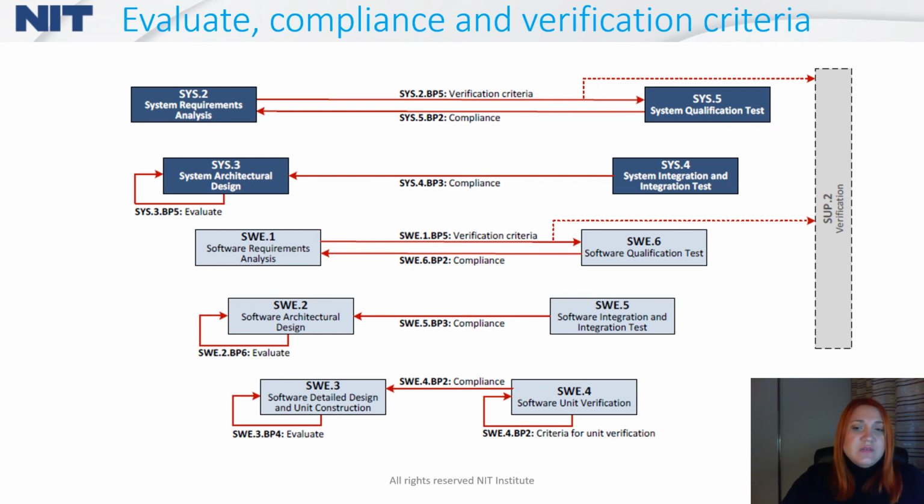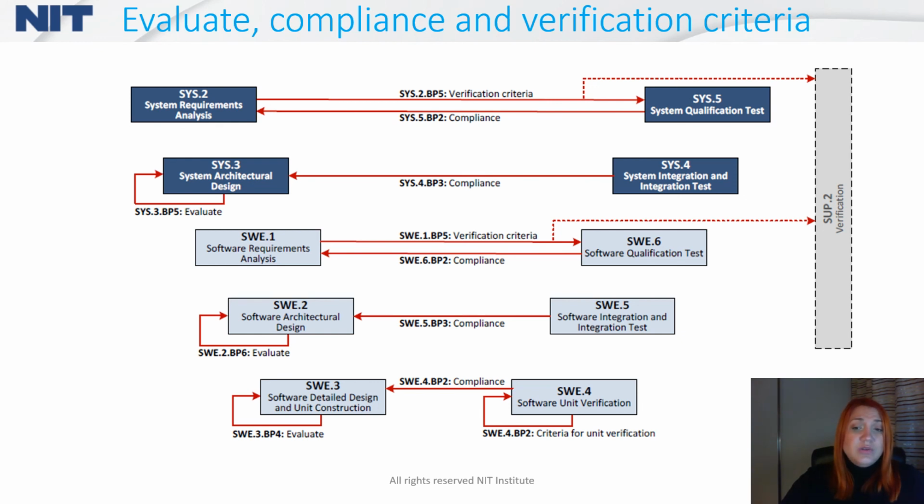Basically, verification criteria are used as input for the development of the test cases or other verification measures. Verification criteria are only used in the context of requirements analysis processes and unit verification. Verification aspects which cannot be covered by testing are covered by the verification process called SUP.2.